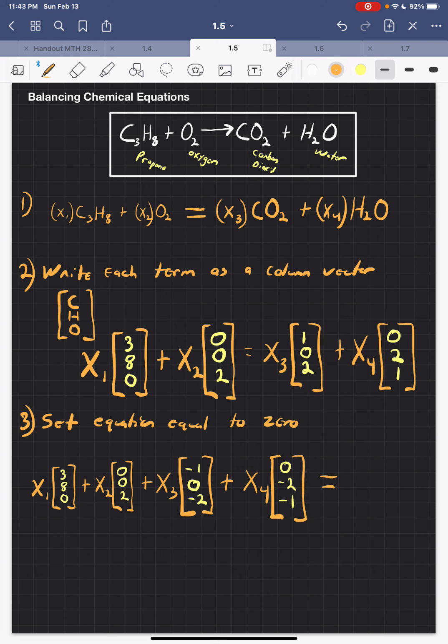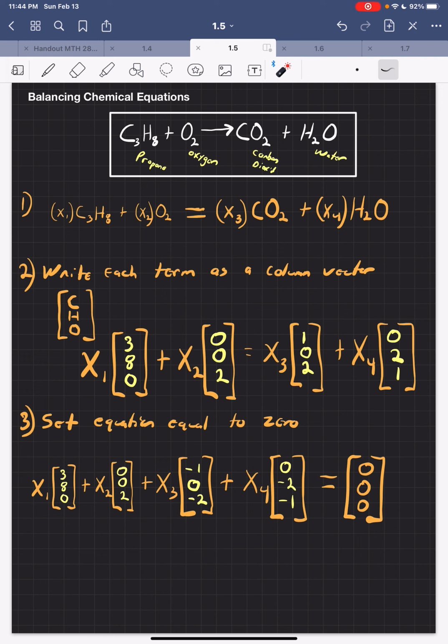All right, and now we have it equal to 0, but again, we don't want to write 0. We want to write 0 in the context of this problem. Since we're dealing with 3 by 1 vectors, we want to write 0 in the context of a 3 by 1 vector. Now, at this stage, hopefully you can start to see where we're going. We're trying to get to an augmented matrix.